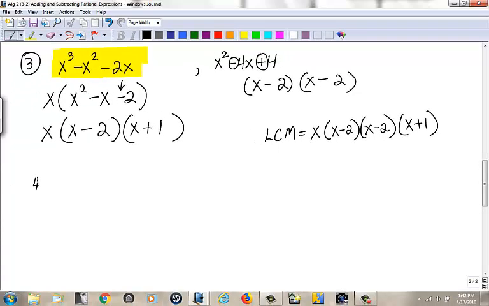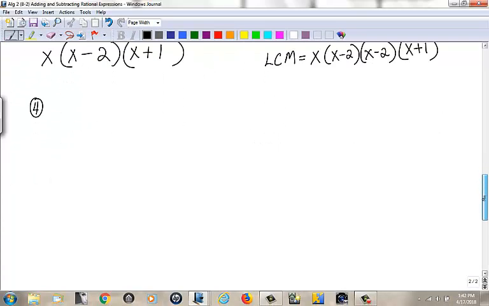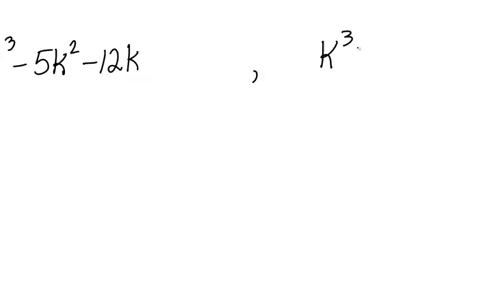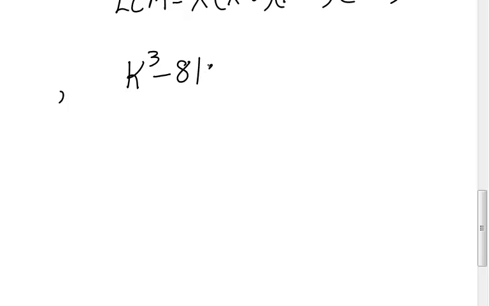One more. The first one is 2k to the third minus 5k squared minus 12k. The second one is k to the third minus 8k squared plus 16k.